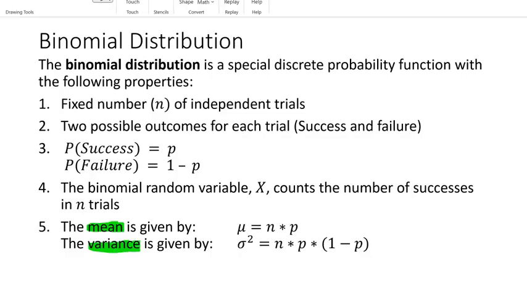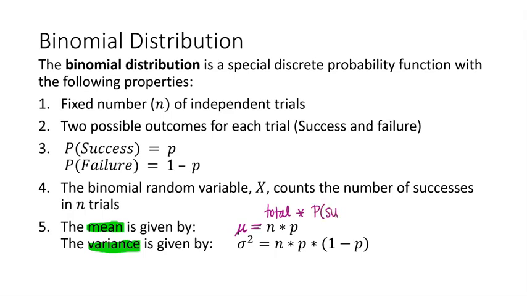Rather than having to use our one var stats like we did in our lesson, our mean, our mu, is just the total number of trials times the probability of a success. We can find the variance, my sigma squared, by taking my total times the probability of a success times the probability of my failure.